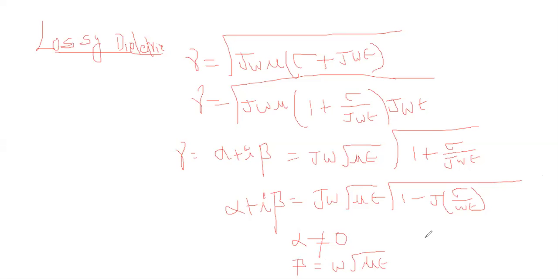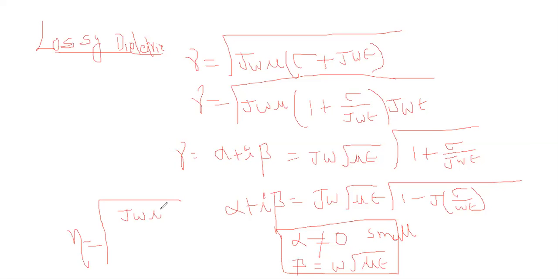Mu epsilon. And what about the intrinsic impedance? Having some small value here on the alpha. And intrinsic impedance eta is equal to, we have the formula, under root of j omega mu, and I take the common j omega in the denominator, j omega epsilon, it becomes 1 plus sigma by j omega epsilon.